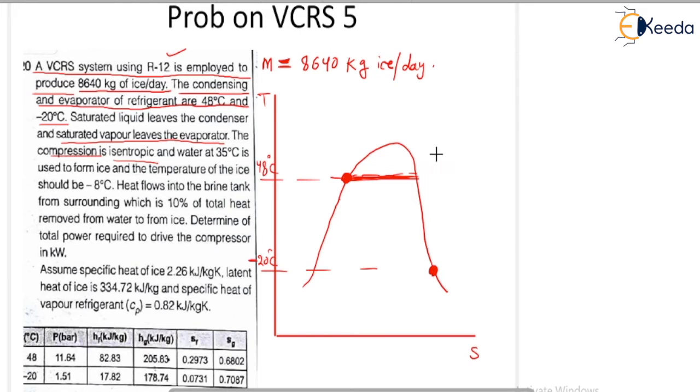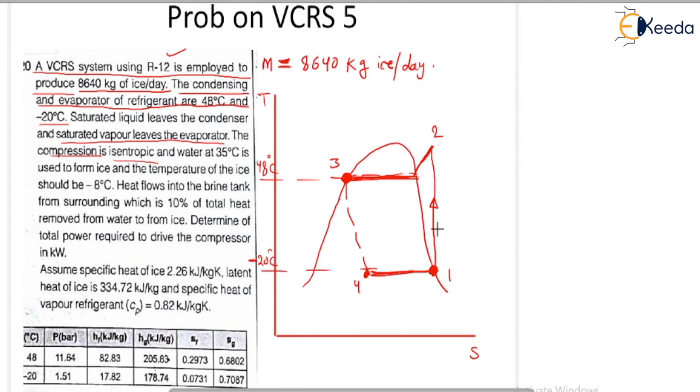So, my dear friends, by using these points, we have to plot our graph like that. Okay, this is our graph. This is our point number 4, this is point number 1, this is point number 2, and this is point number 3.